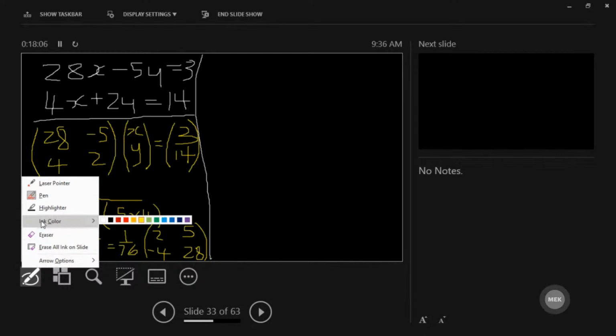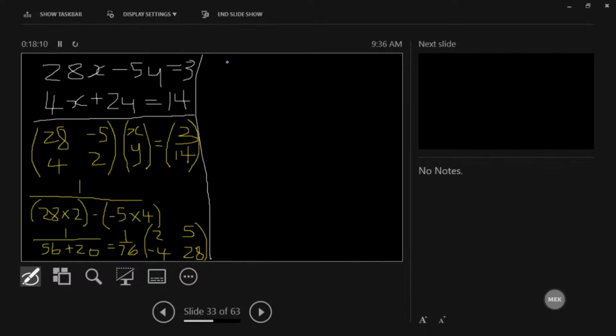So what we're going to do now to solve the matrices is multiply the inverse by the answers that we have over here, and that will give us our x and y value.